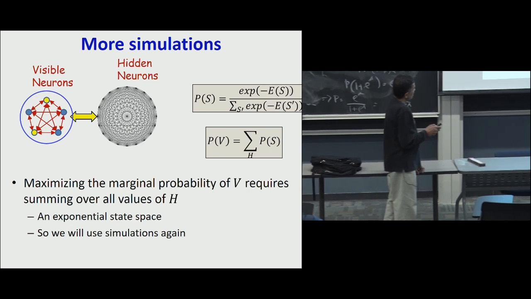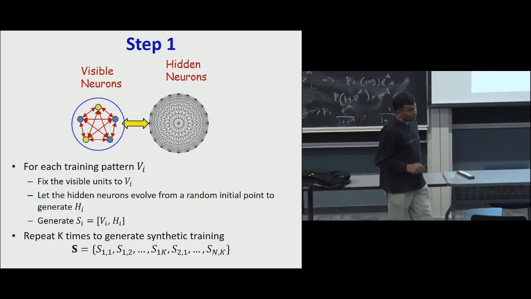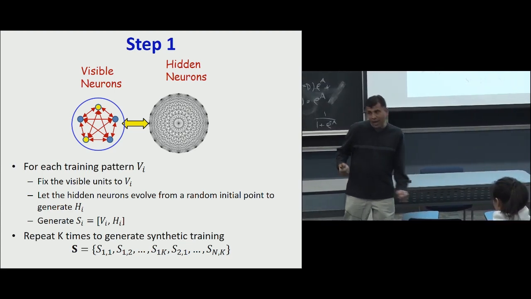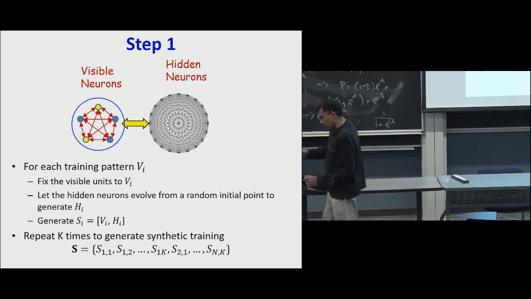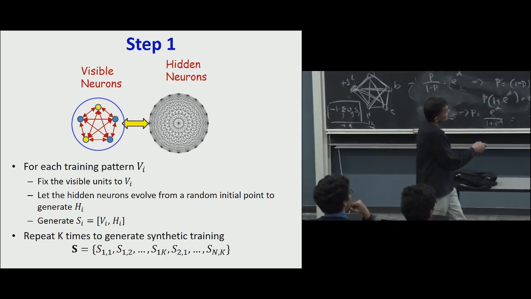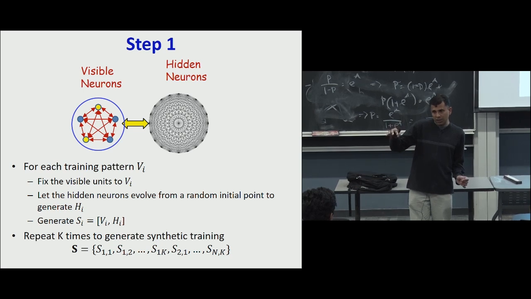I'm going to use simulations as before, but for the first term, I want to compute the expected value of the products of the states of the neuron outputs when the visible pattern is given. So I'm going to fix this V and then run my Boltzmann machine.